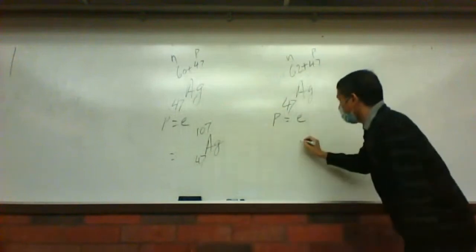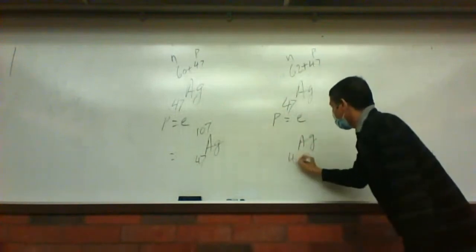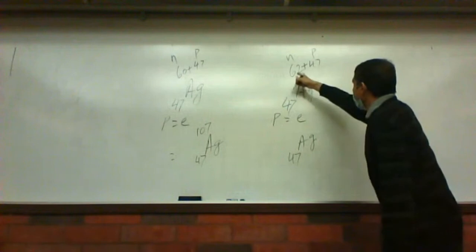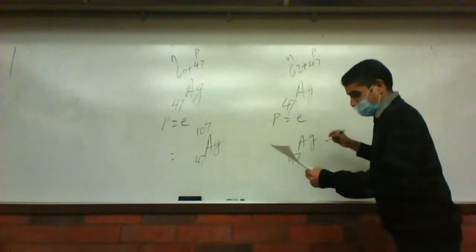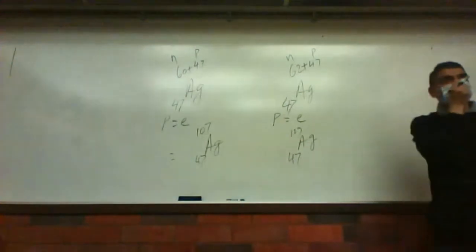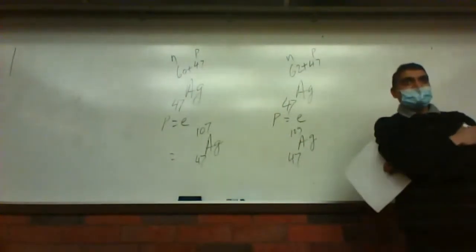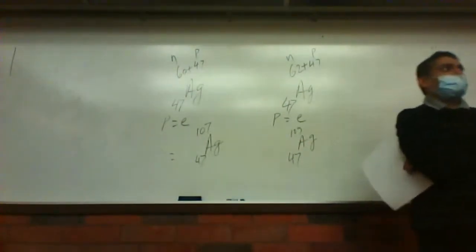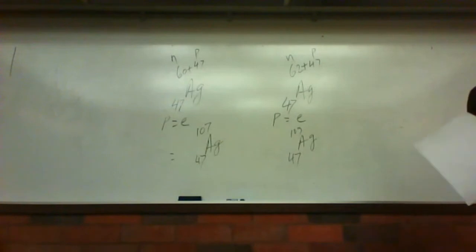If you add this and this number, how much do you get? 107. If you add this and this number, Ag has 47 protons and electrons, and neutron plus proton is 109. So two kinds of silver are there. Okay? You need to use the periodic table to find that 47. Make sense? Good.